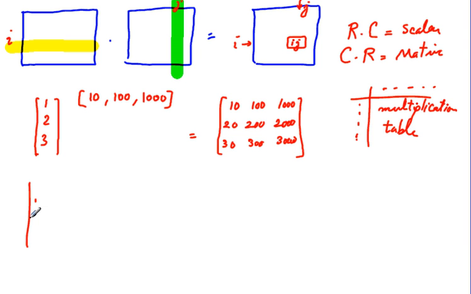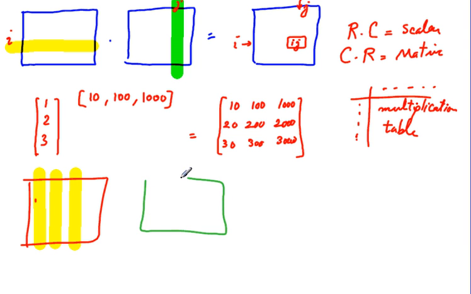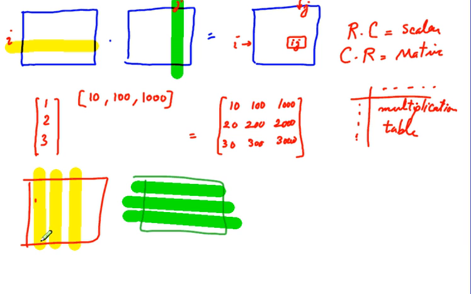That is, if you take this guy and break it down into a bunch of columns, and break the second matrix into a bunch of rows, multiplication of each of these columns with each of those rows is going to be one big multiplication table.